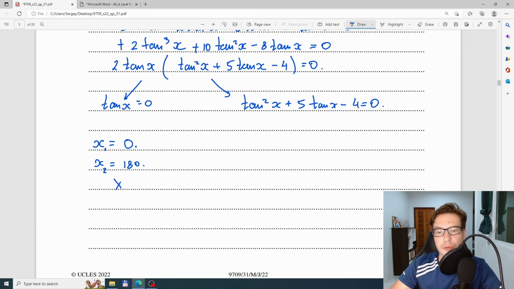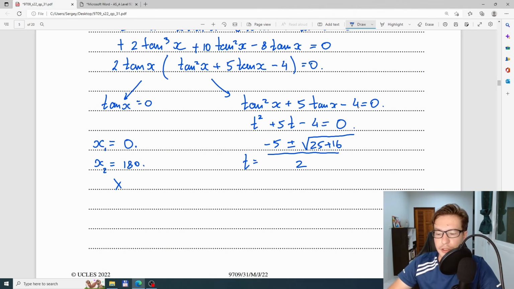Now, moving on to this equation, I'll make a variable change and say that tangent x equals t. So I get t squared plus 5t minus 4 equals 0. And I'm going to use the quadratic formula to solve it. So t equals minus 5 plus or minus the square root of b squared minus 4ac, which is 25 plus 16, over 2.